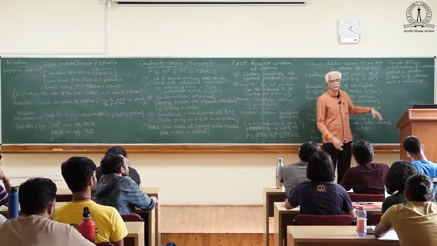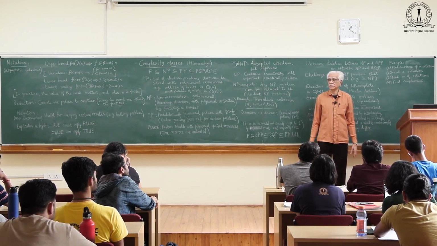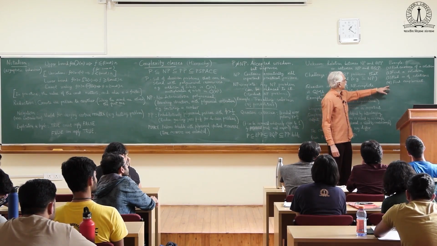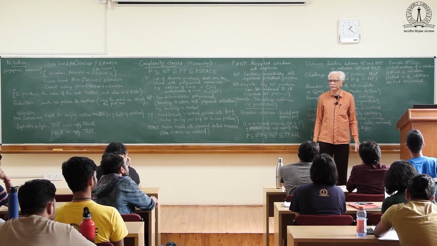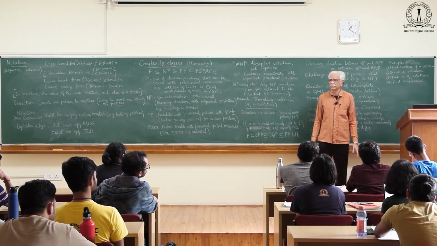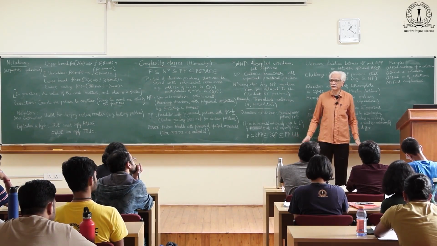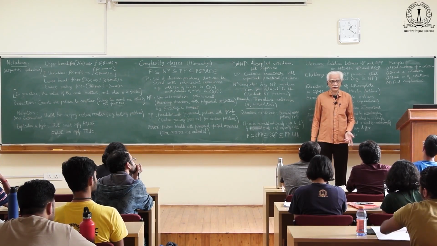But the problem can have many solutions, so you find the total number of solutions. The complement means you have to show that no solution exists. And they are all different phrases, but they actually refer to different problems.